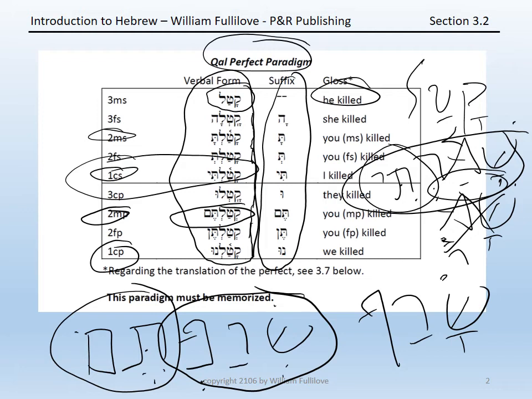You should do this over and over and over again until you can reproduce the paradigm at will. After you are able to reproduce the paradigm at will, you should also attempt to take different verbal root letters through the same thing. Once you are able to reproduce the paradigm for qatal, try with saraf and see if you can apply the vowel patterns and endings to a different set of Hebrew letters.